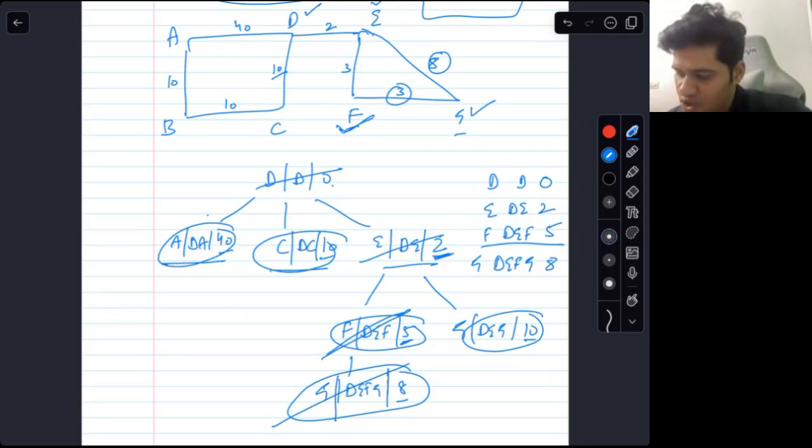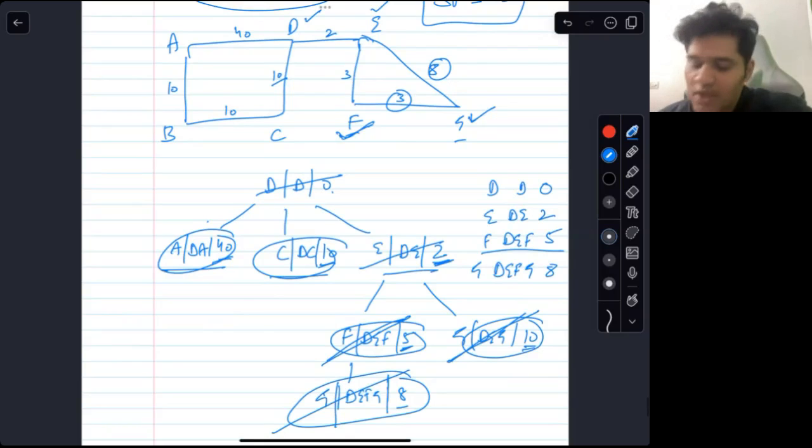Neighbors are E and F. They are done, so nothing to be added for G now. What's the next one to be removed now? 40, 10, 10. So this 10 can be removed. If they are two equal, you can remove either, whatever. It is already marked, so nothing to do.